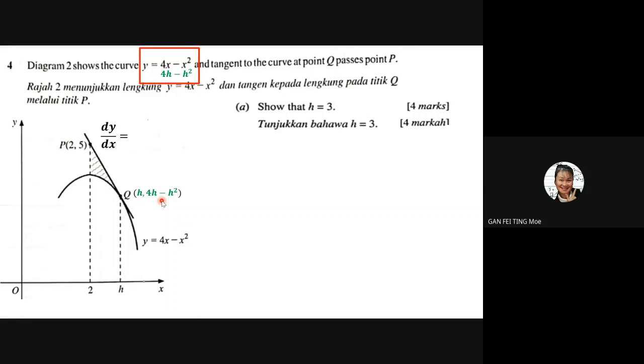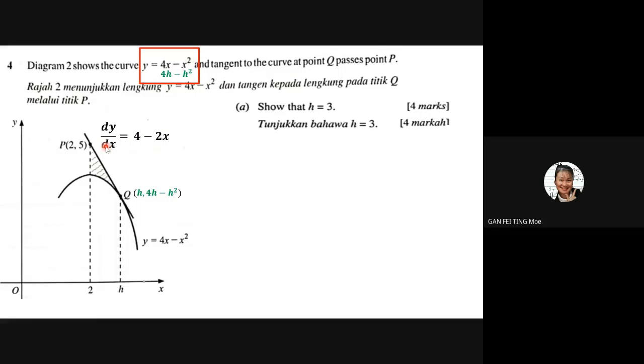So what I do now, I differentiate the curve. Okay, differentiate the curve to get, as what Jaren said, that you want to get the tangent to the curve. Okay, so it will be 4 minus 2x. I am differentiating y, dy dx will turn into this. So what happened here now?